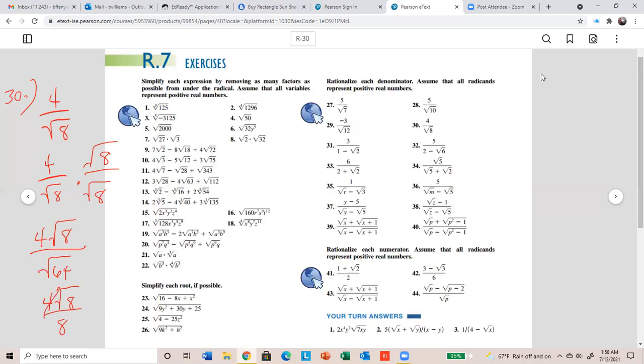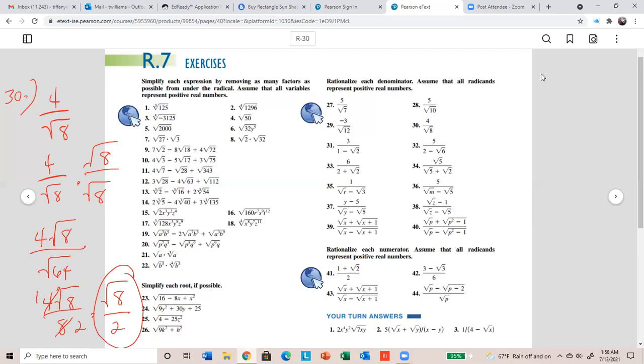I can reduce the 4 and the 8 to be a 1 and a 2. So my final answer here is the square root of 8 over 2. The square root of 8 over 2 is the very same fraction as 4 over the square root of 8. And if I had a lot of math to do without a calculator, the square root of 8 over 2 would be a lot nicer than doing 4 over the square root of 8.